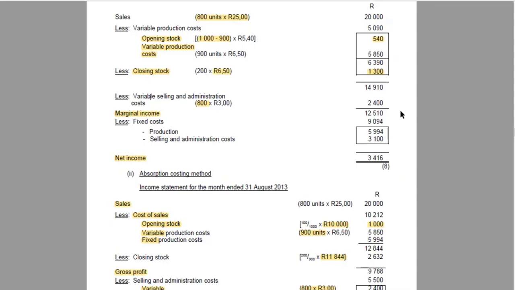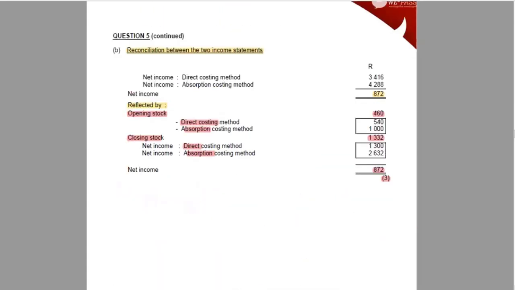Then always know that you have to come up with an answer for your contribution and your net income. Always. So put it in as you write. Because for your next question, if your recon is required, that's where those sums will come into play. Know the framework of how to do this recon.